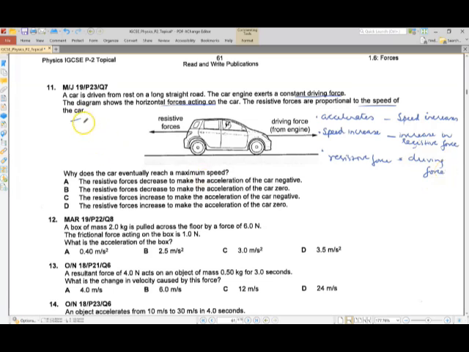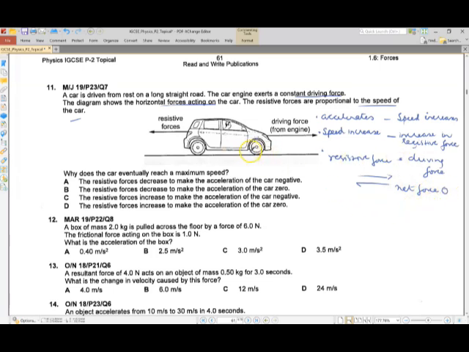Now, when resistive force is equal to the driving force, these are forces that are equal in magnitude and opposite in direction. So the net force on the car is also going to become zero.